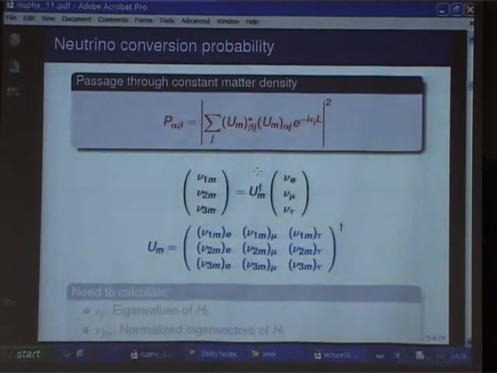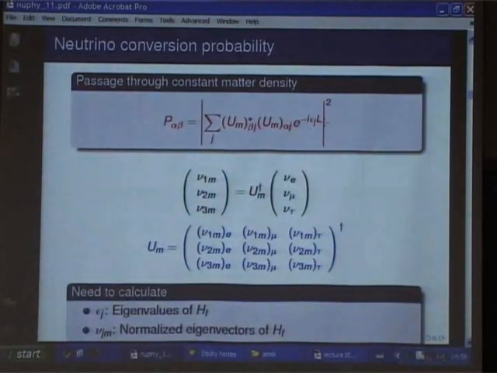So basically what we need is all these epsilon j, which are eigenvalues of HF, and these mu jm, which are normalized eigenvectors. This is what we are trying.